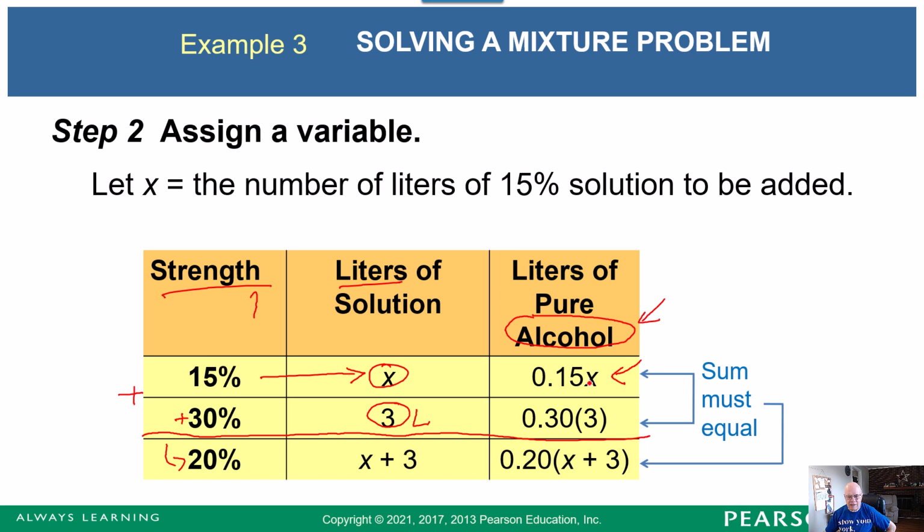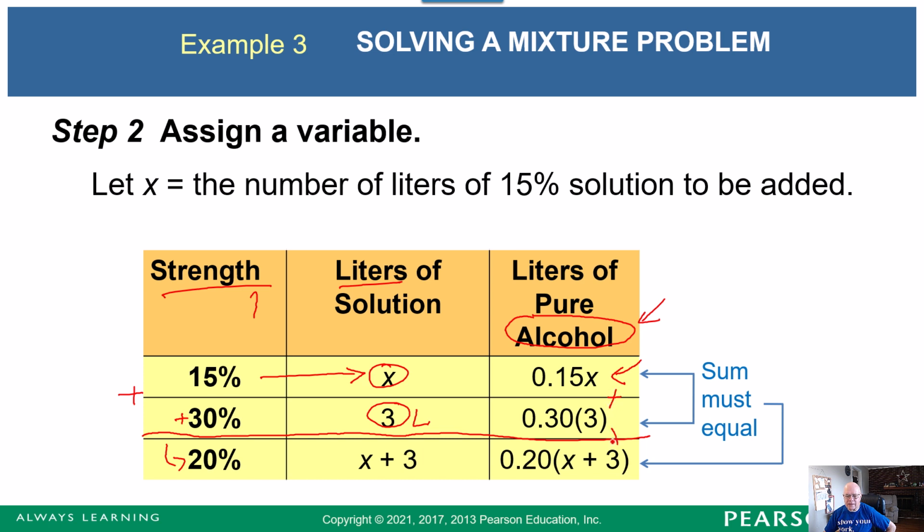Of means times, so 0.15 times X is how many liters of pure alcohol. In the second one, the same type of thing. You've got 30% of the 3 liters that we know. Of means multiply, so 0.30 times 3. And these are the two that you're adding together.